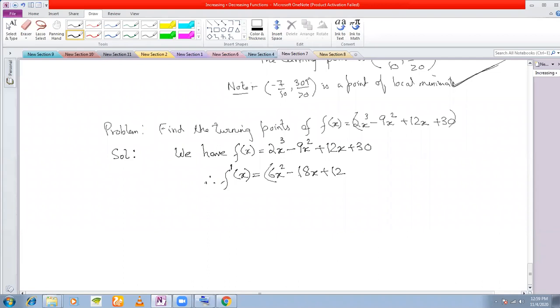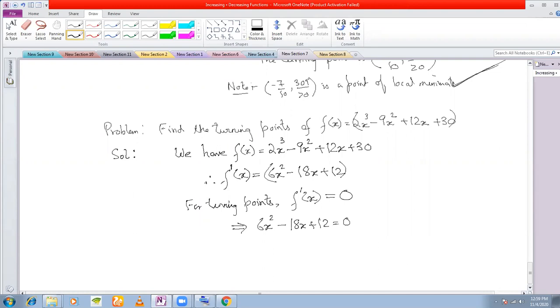So for turning points, what do we do? Amit, tell me, for turning points, what do we do? We put f dash x is equal to 0.